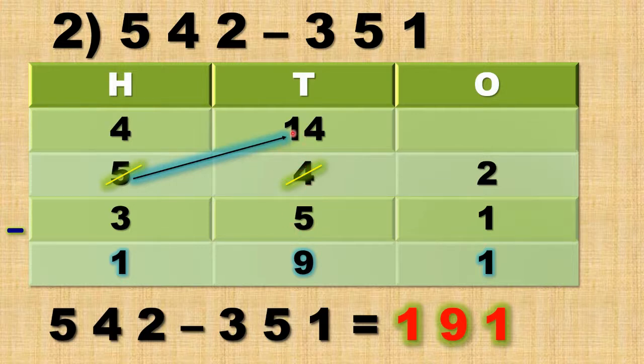So 14 minus 5, we got 9 tens. Now last, we have to subtract 3 hundreds from 4 hundreds. So 4 minus 3, we got 100. The final answer is 191. The difference between the two numbers is 191.